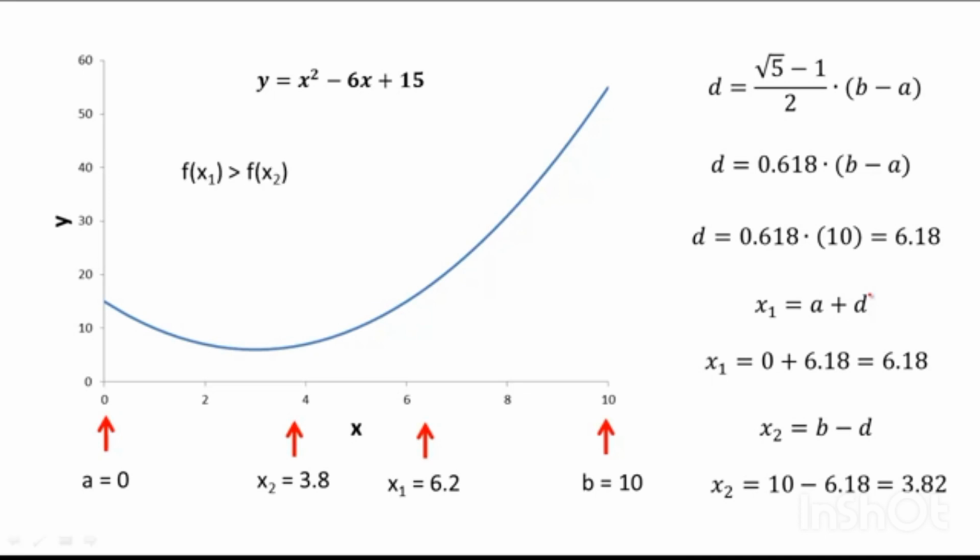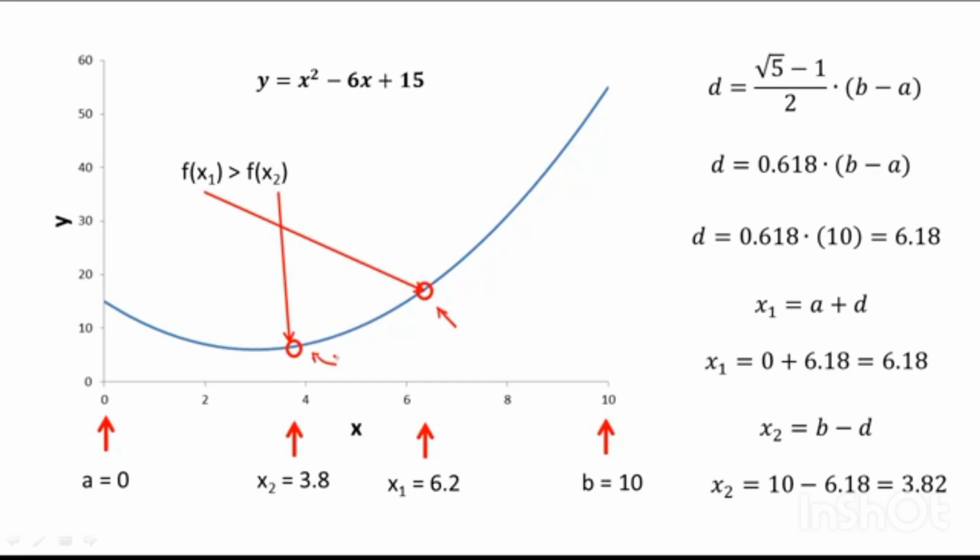The next step is to calculate the function values, f of x1 and f of x2. What we find in this particular case is that the function at x1 is greater than the function at x2.